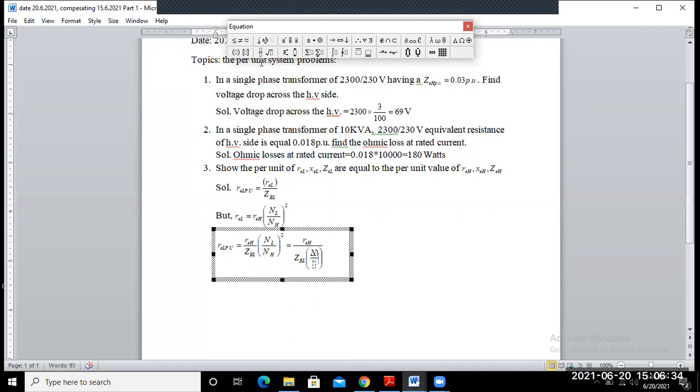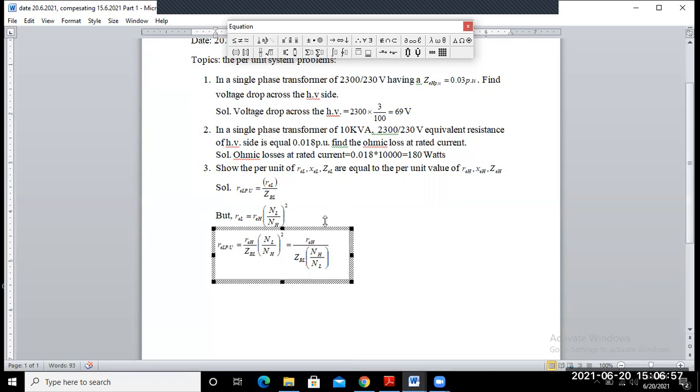So N_H divided by N suffix L, that means the number of turns of the LV side, whole to the power 2.